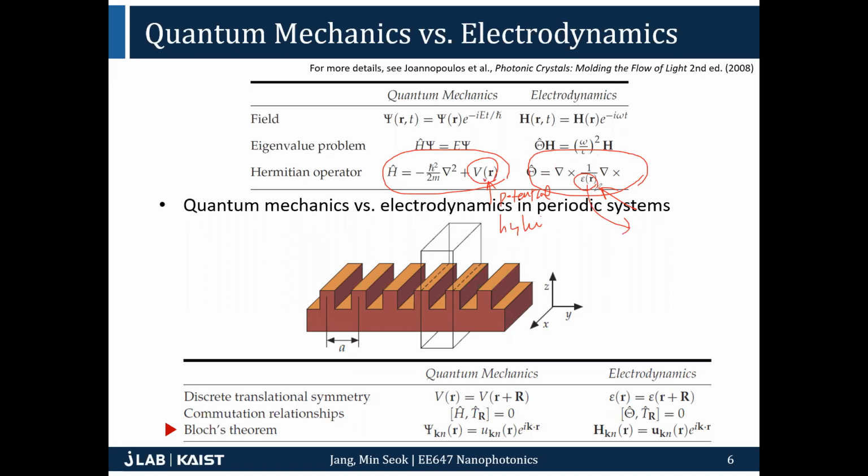Because we have 1 over epsilon here. So if we have a large potential and small potential, up and down, this corresponds to the opposite pattern, like epsilon small and epsilon large, right?